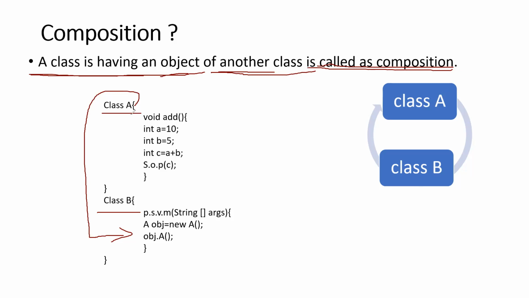Okay, see the example. This is a method performing some operation. This is class A, and I am creating the object in class B. This is nothing but composition, and we call the class with the help of this object. This is the has-a relationship.